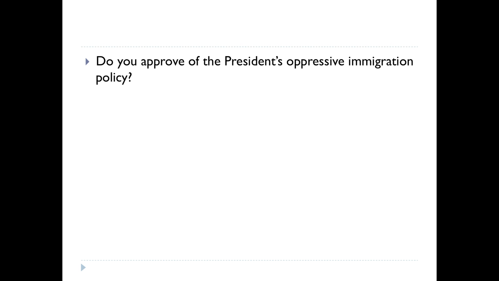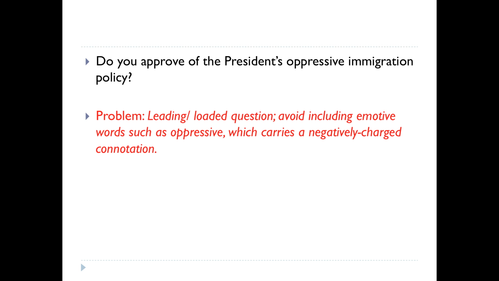Our next example would be, do you approve of the president's oppressive immigration policy? This, of course, is an example of a leading or loaded question. So you should always avoid including emotive words such as oppressive, right? It has a negative connotation.